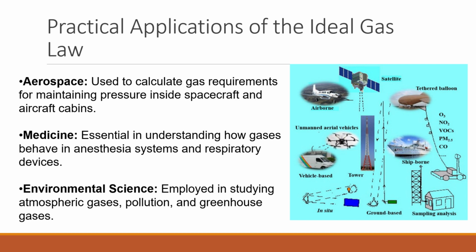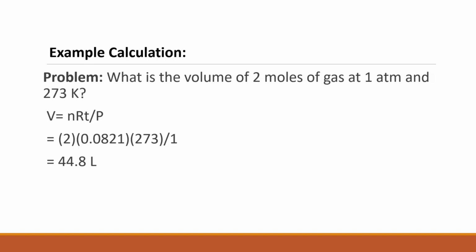Let's take a quick example calculation to see how we can use the ideal gas law in practice. Let's calculate the volume of gas in a situation where we know the number of moles, pressure, and temperature. For example, what is the volume of 2 moles of gas at 1 atmosphere and 273 Kelvin? We can use the ideal gas law equation.